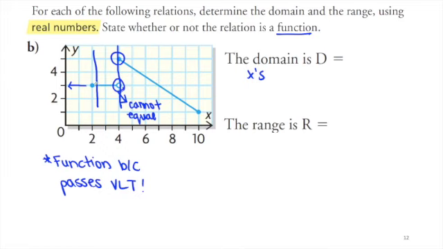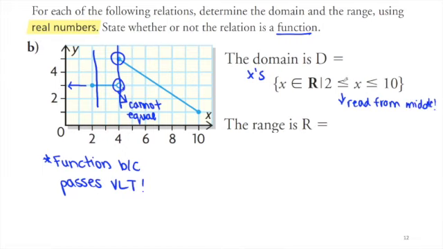So your x's can only be a value between 2 and 10 on your graph. So the domain is x is an element of the real number system such that x is greater than or equal to 2, less than or equal to 10. Read from the middle. That's how you state that inequality.